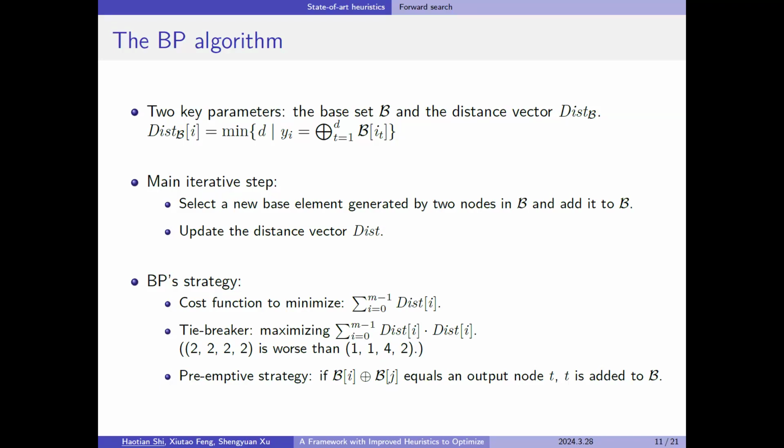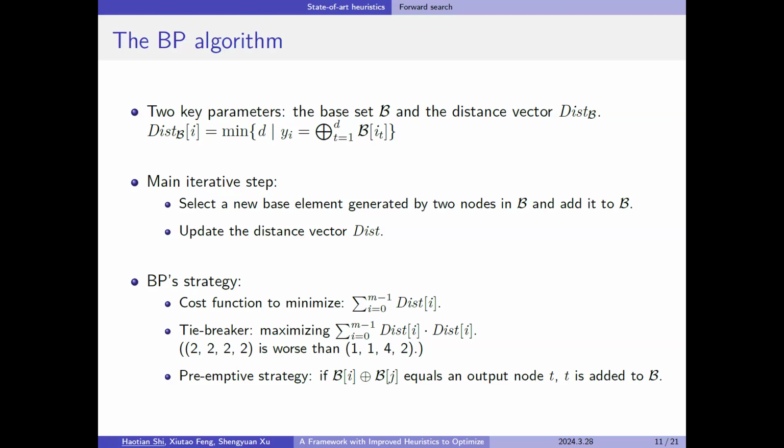Then BP's strategy to choose a new base element is as follows. First, a cost function to minimize is defined as a greedy index to guide the search. It is defined as the sum of all dist_i. If there are multiple choices which lead to the same minimum of the cost function, the tie-breaking rule is to maximize the Euclidean norm of the dist vector.